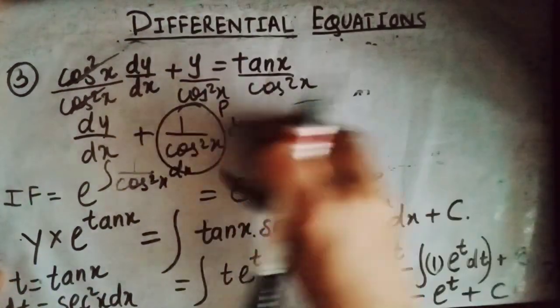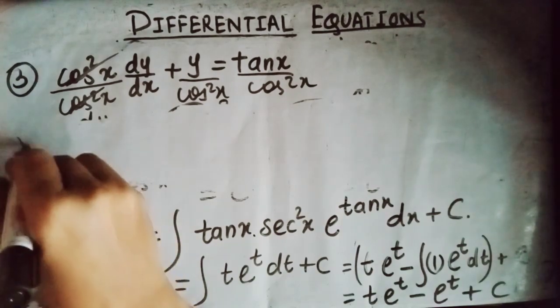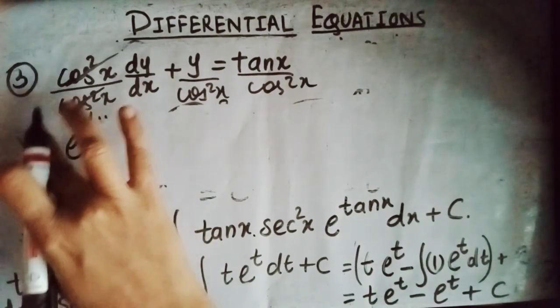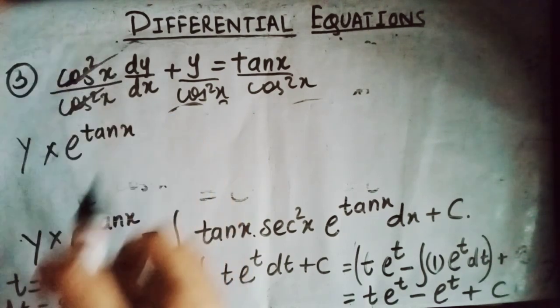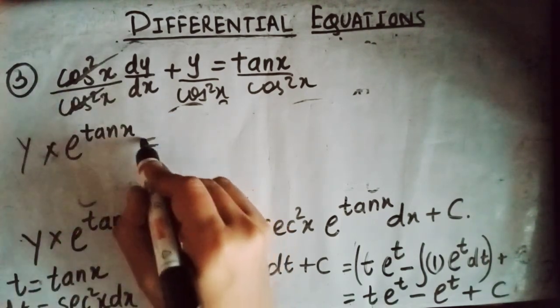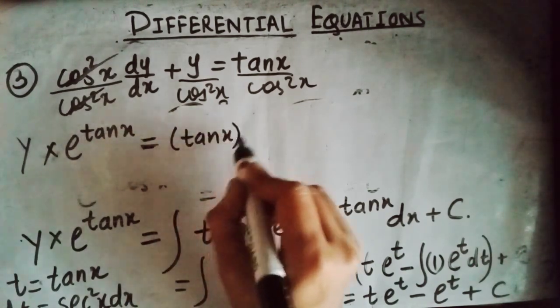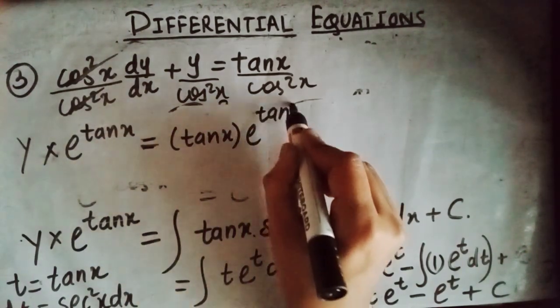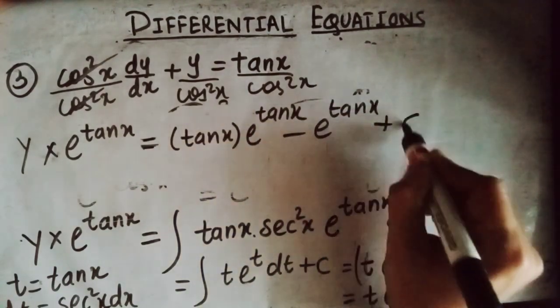Okay. Write it again. So our final answer is y into e raised to tan x equals, okay, t was our tan x, so put that value. T is tan x into e raised to tan x minus e raised to tan x plus c.